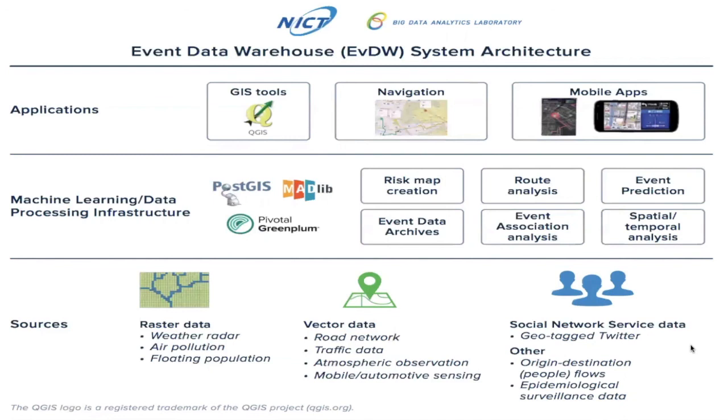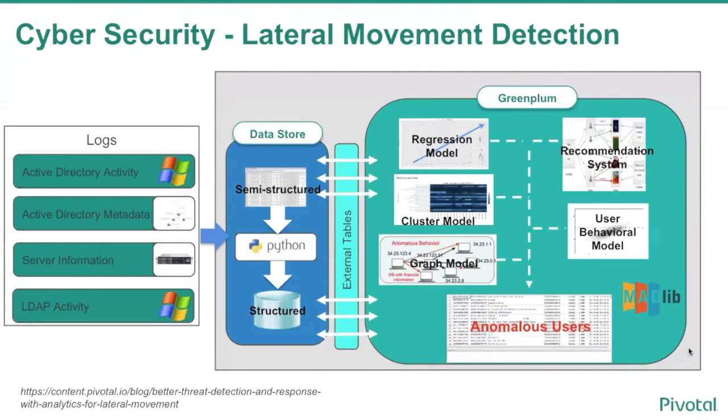And historically, they weren't able to process this data to develop effective response plans to natural disasters that might be occurring, such as freak rainstorms or earthquakes that might be happening. By pushing all of their data onto the Greenplum stack and using the analytical tools, they're able to easily model data from these heterogeneous data sources and more easily develop response plans for these different natural disasters. And they're able to effectively respond to them and provide guidance to their citizens easily.